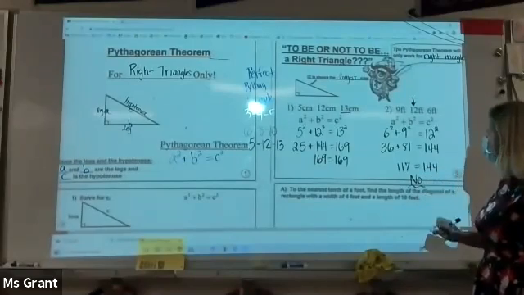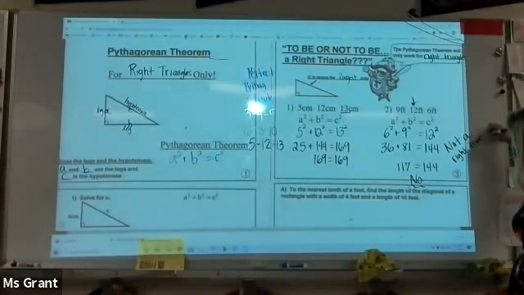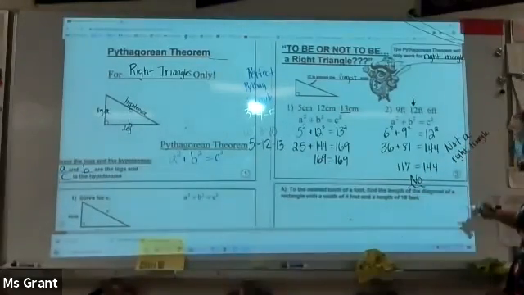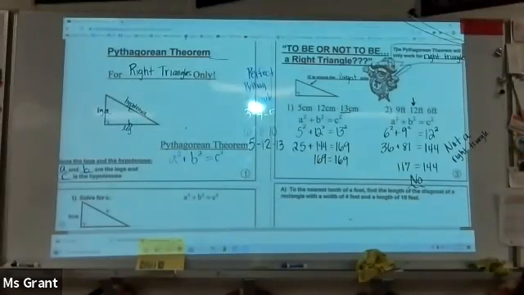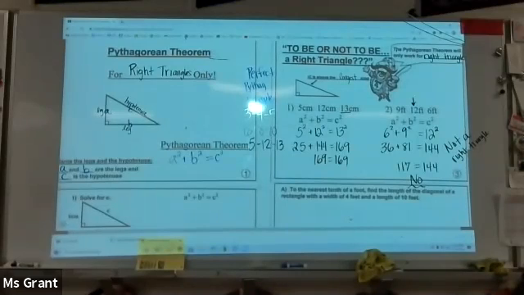No, which means that this is not a right triangle. If the sides are 6 and 9 and 12, that's not a right triangle because it doesn't equal each other.